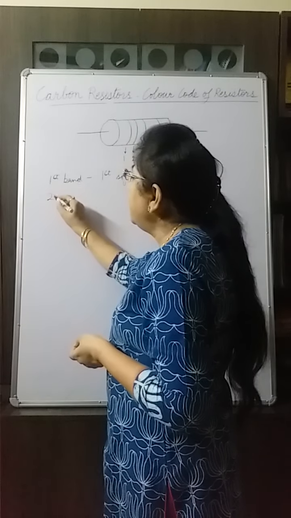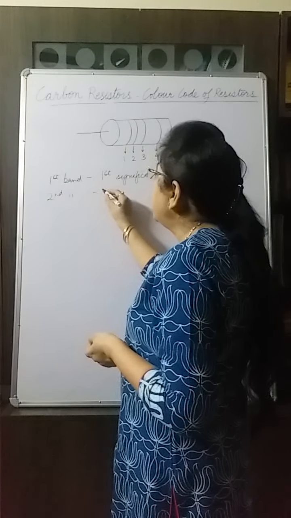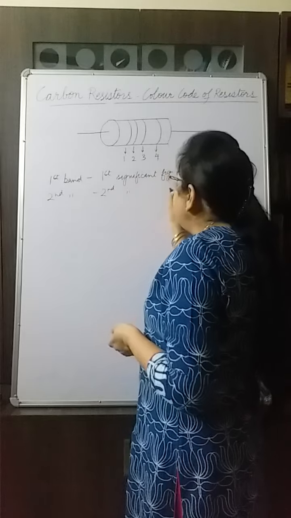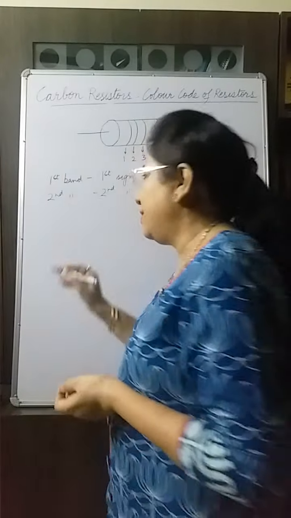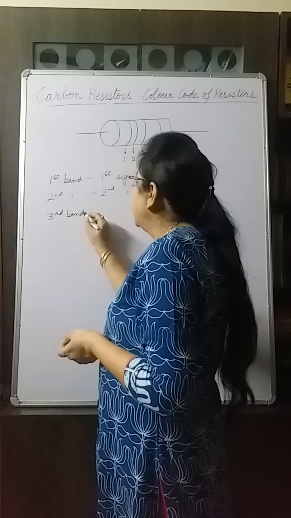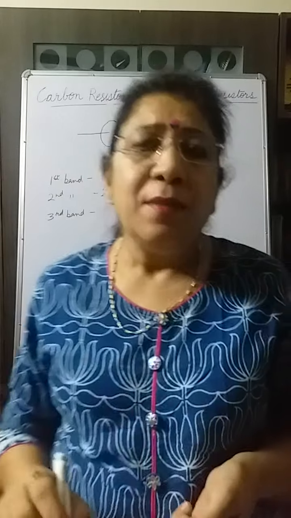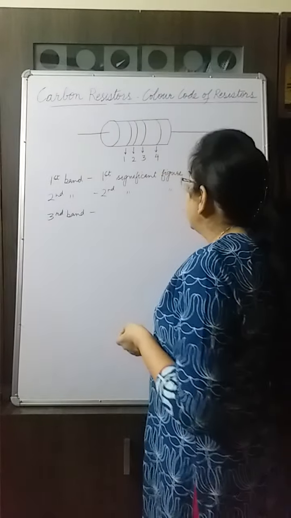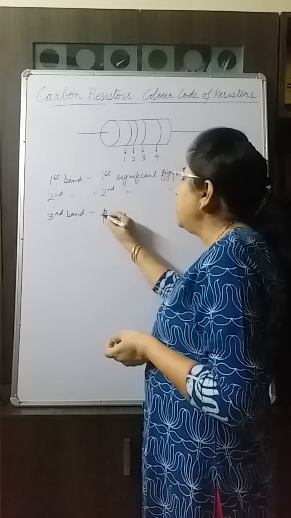The second band tells about the second significant figure, and the third band tells us the power of 10 with which the first 2 significant figures are to be multiplied.